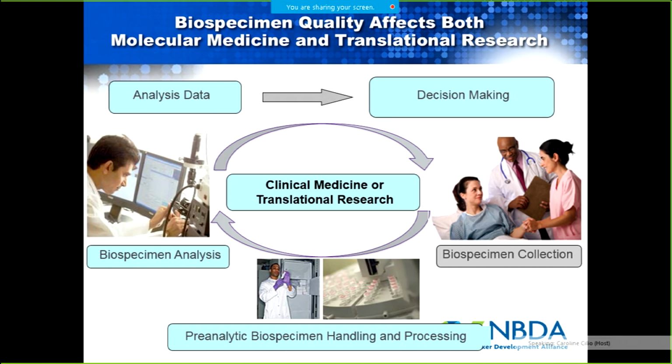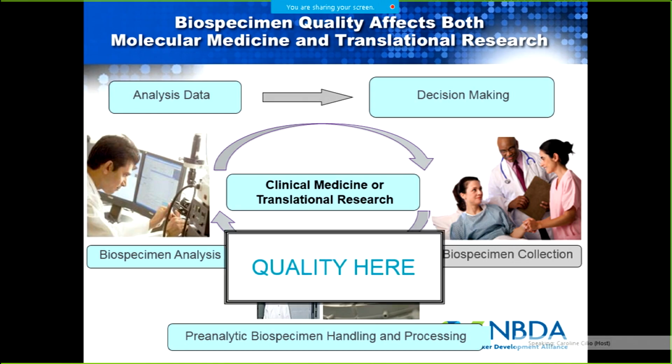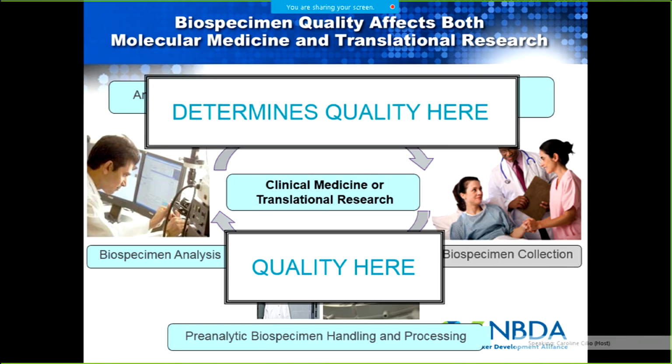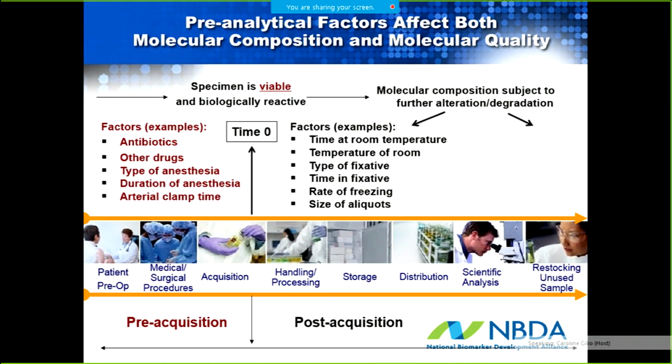It's not separate specimens, and oftentimes the eligibility for a clinical trial is determined by the analysis of the biospecimen in the pathology laboratory. Everything that happens between the patient and the analysis laboratory is pre-analytic, and the quality of what happens here very much determines the quality of the analysis data and therefore its applicability to decision making.